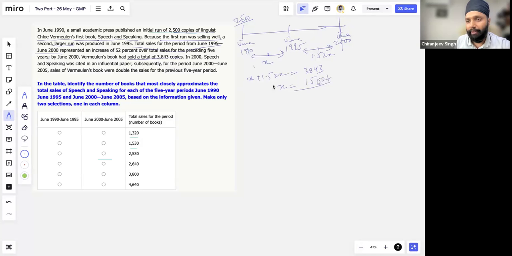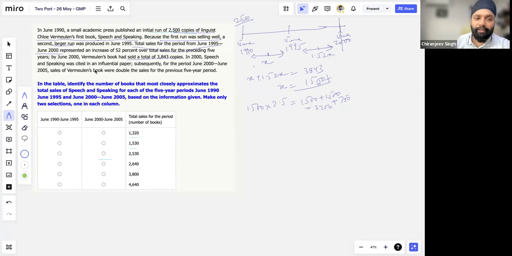You can use a calculator to do 3843 divided by 2.52. In my mental math, I know it's going to be around 1500 plus something, because 1500 into 2.5 is 1500 plus 1500 plus 750, so this is 3750. But even if you can't do it, you can just use a calculator.